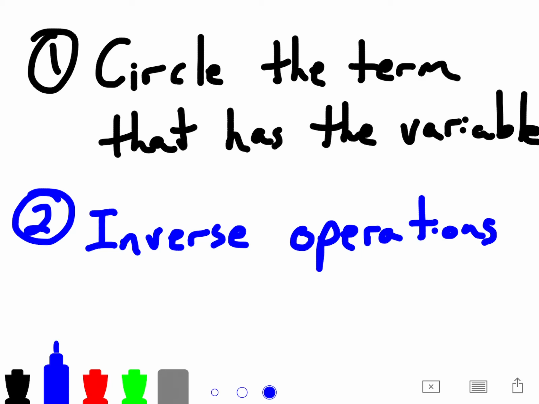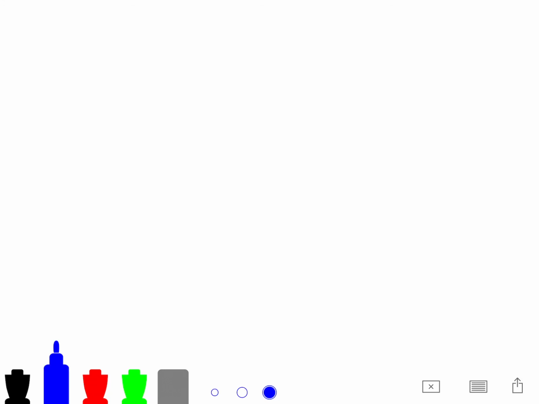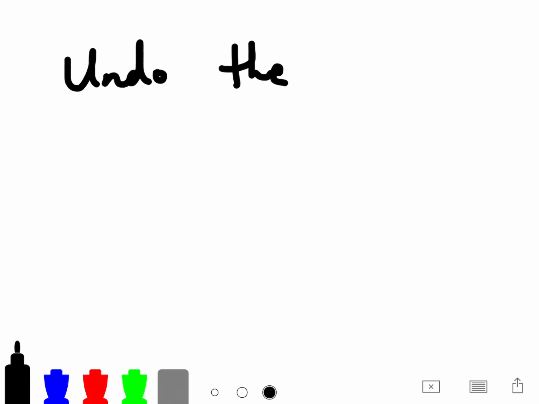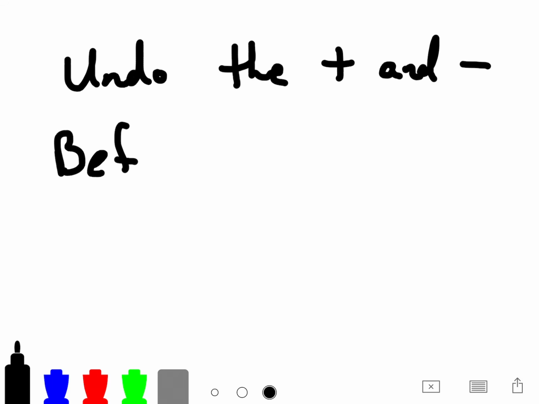Now there's one other way that you can do this if you don't like having those steps. The other way that you can do two-step equations is just remember that 99% of the time you're going to undo the addition and subtraction before the multiplication and division.